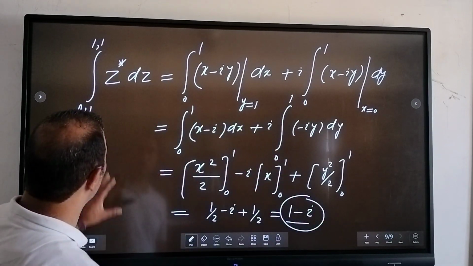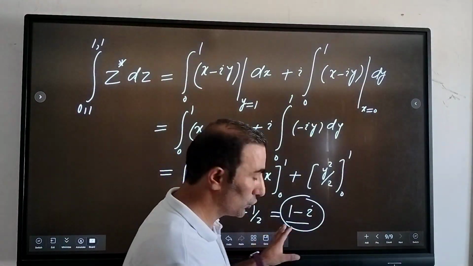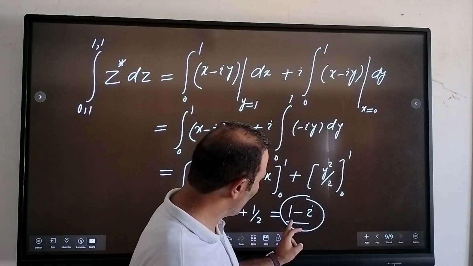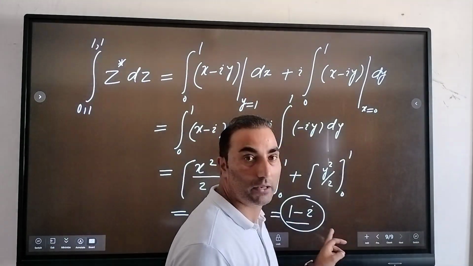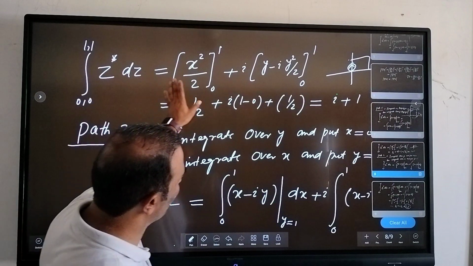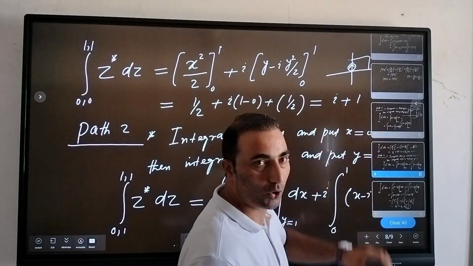So just check the result. The second integral that came here, when we go through path second, the integral we got is 1 minus iota, right? And the first path, when we calculated it, was 1 plus iota, iota plus pi.